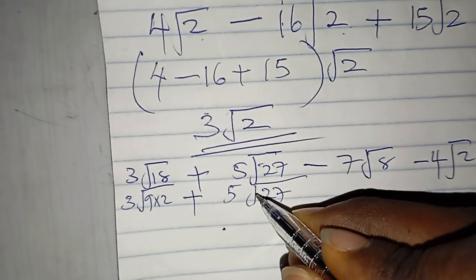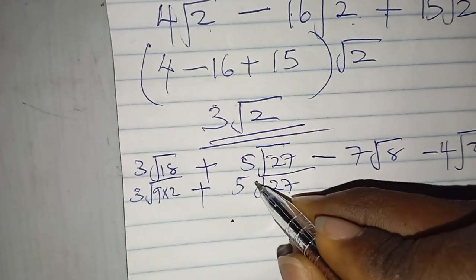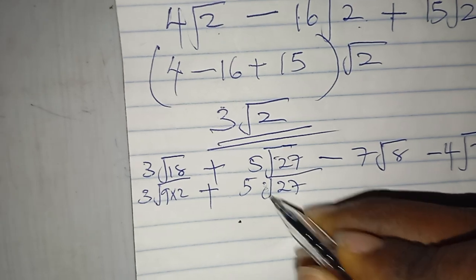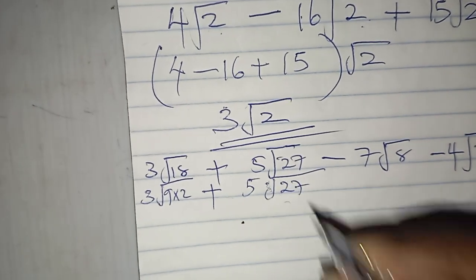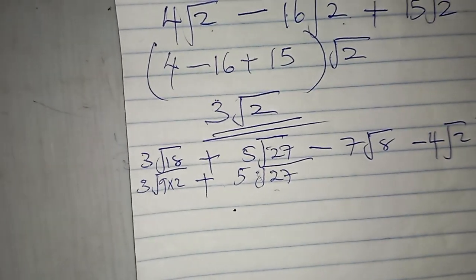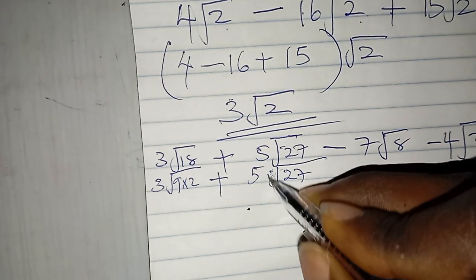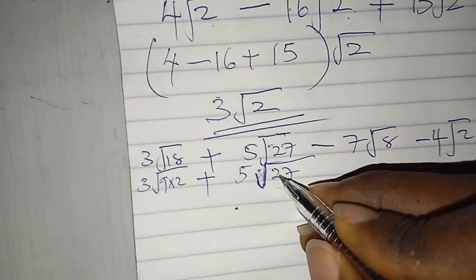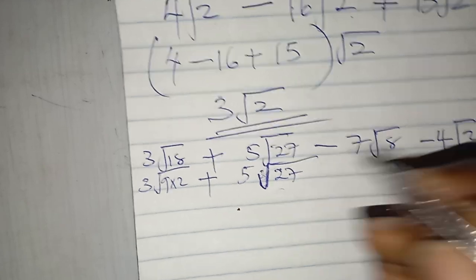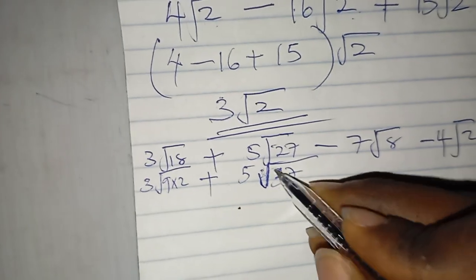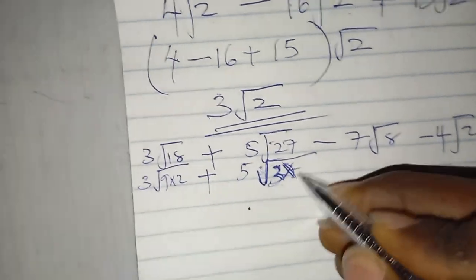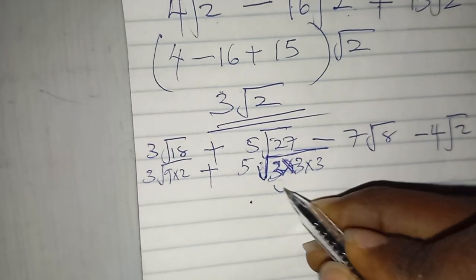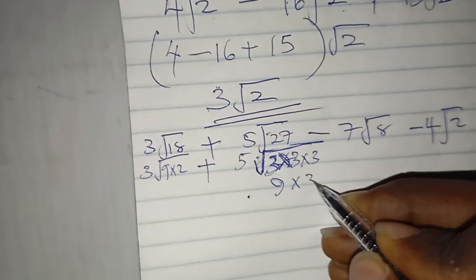Cube root of 27 is what gives me 3, not the square root. So since it's square root we are using here for sorts, let's just leave this as saying 3 times 3 times 3, which is the same thing as saying 9 times 3.